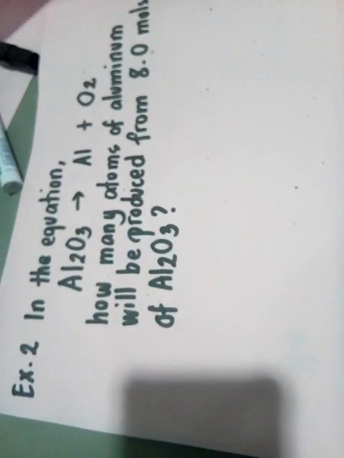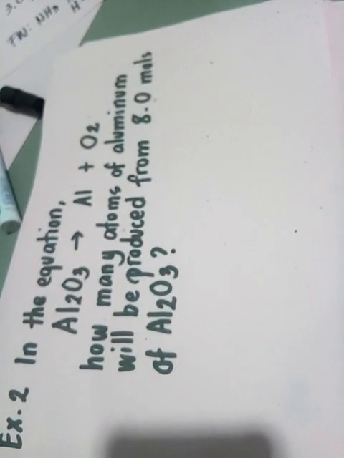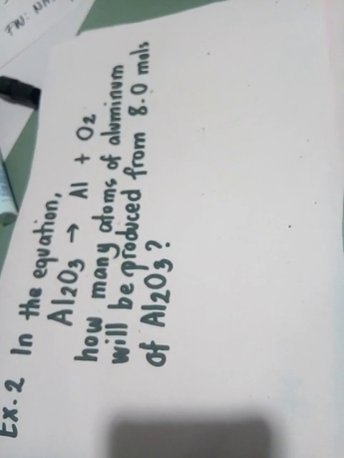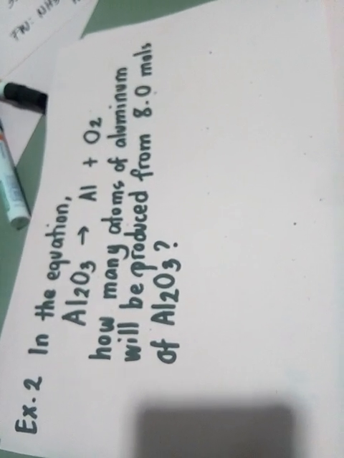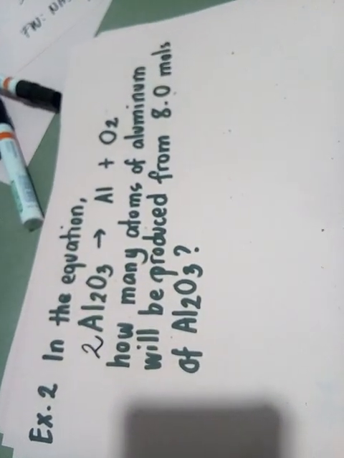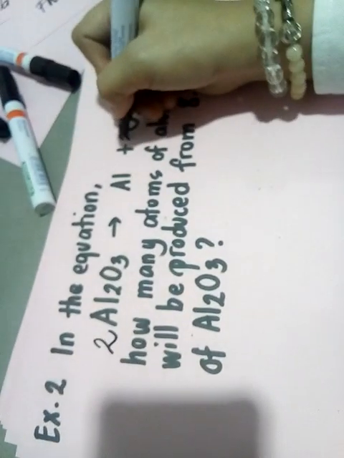Alright, now let's proceed to the second example. In the equation Al2O3 yields Al plus O2, how many atoms of aluminum will be produced from 8 moles of Al2O3? Again, we balance the equation. To balance the equation, we put 2 here, but we put 3 here.